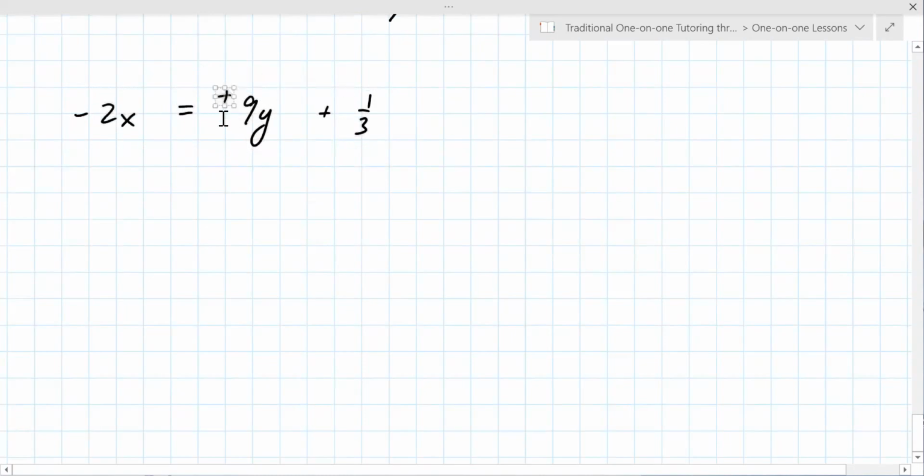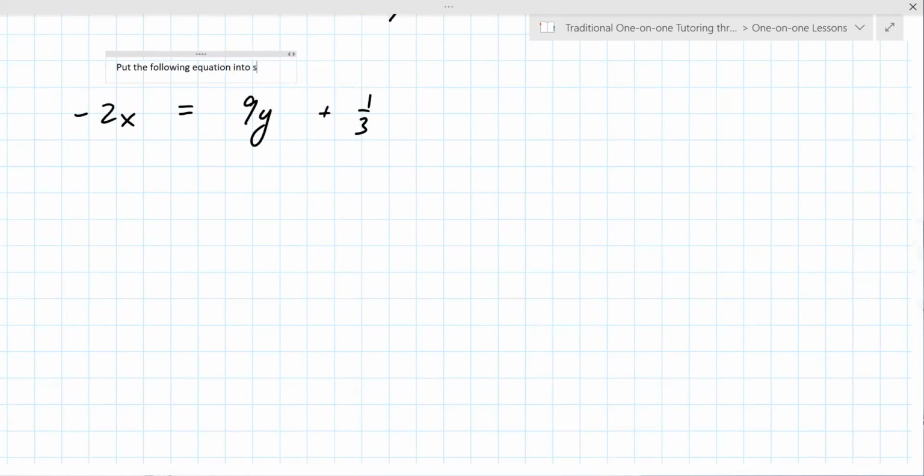And I'll write the instructions. Put the following equation into standard form. Okay. All right. I'll stand by.